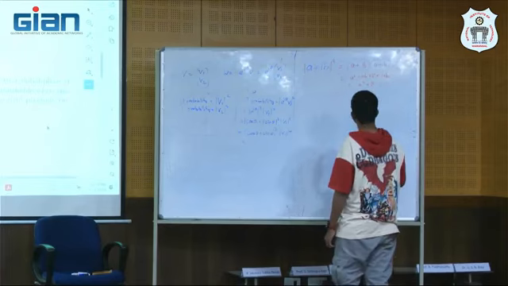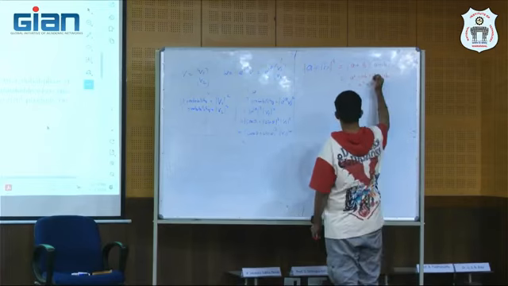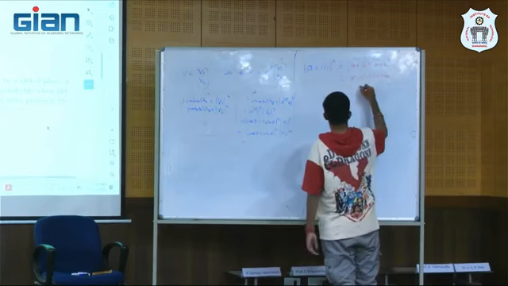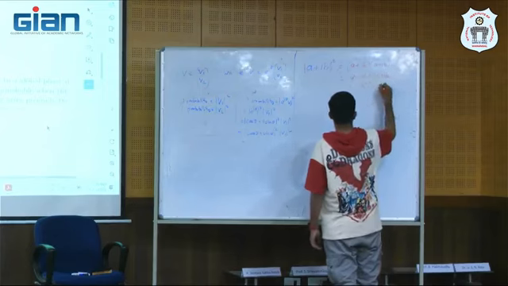A square plus B square, right? Just write a little bigger because they cannot see. Okay, now do here.